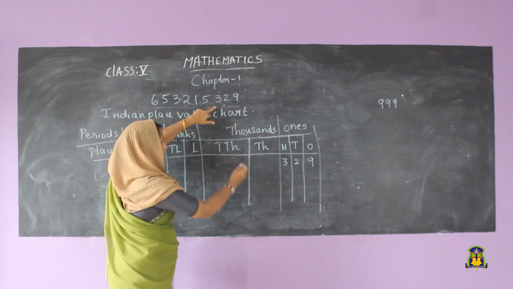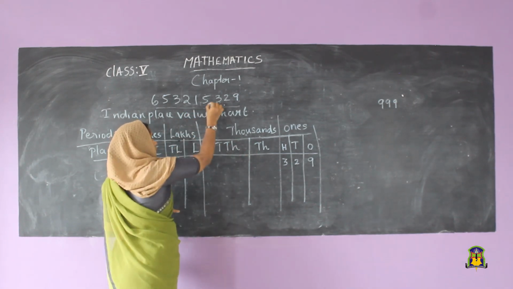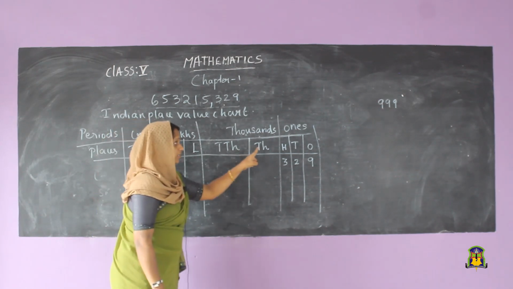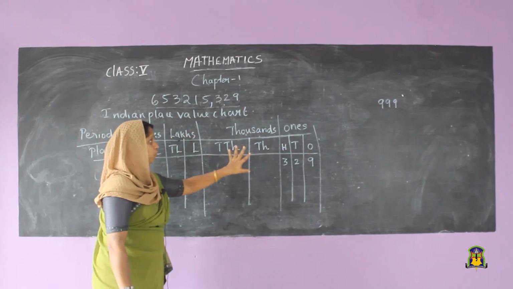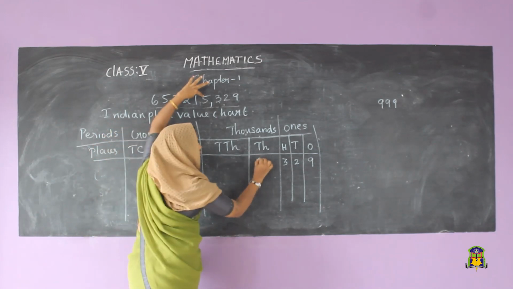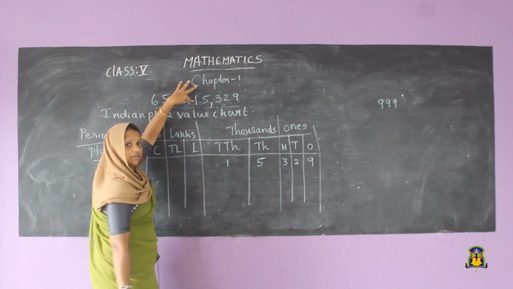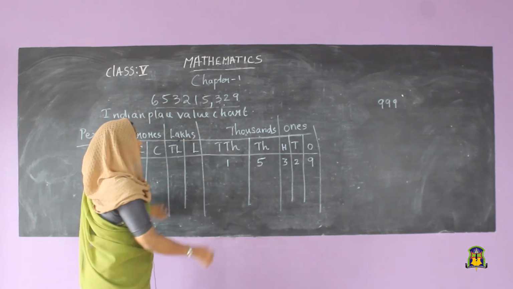Next it comes under the thousands period. So we put 1 comma here. Next thousands and 10,000s. 2 digits will be for thousands, that means 5 here and 1 comes here. Again we want to separate this period.